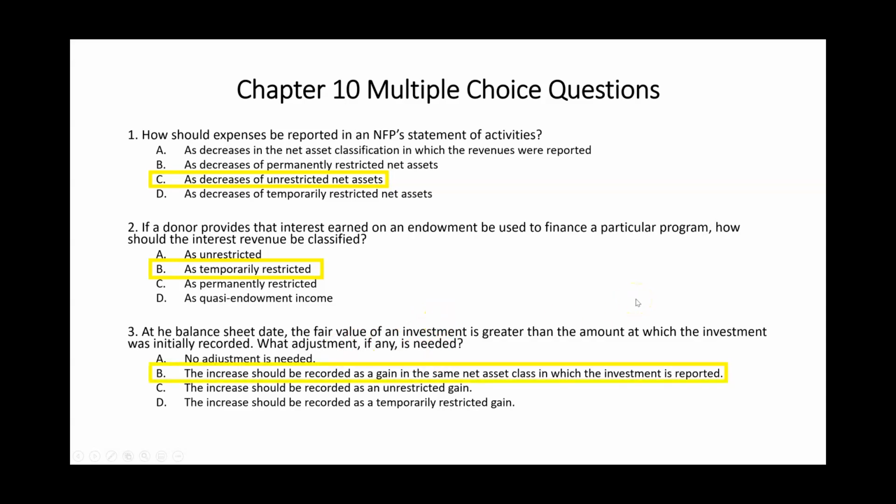So you're going to record any gain or any loss in the same net asset class in which the investment is reported. So if it's in temporarily restricted, that's where you're going to report that gain or loss. So just remember, just like with government and NFP, you do not get to differentiate between realized, unrealized, and recognized gains and losses. They're all recognized, okay?